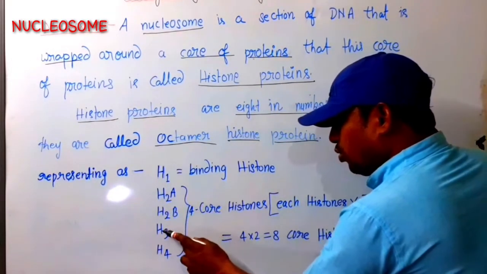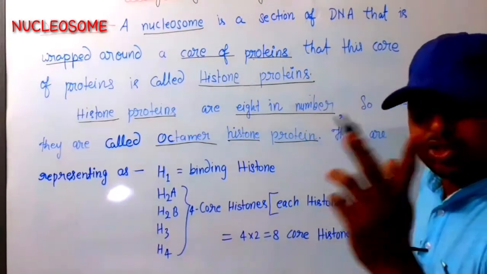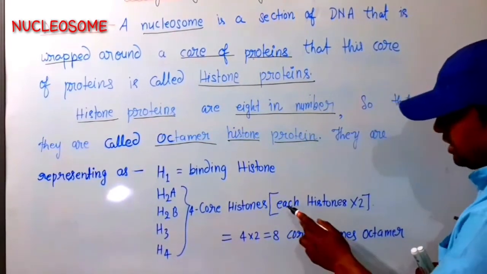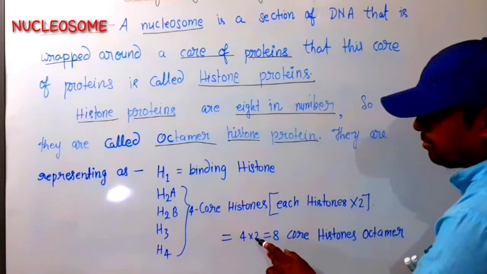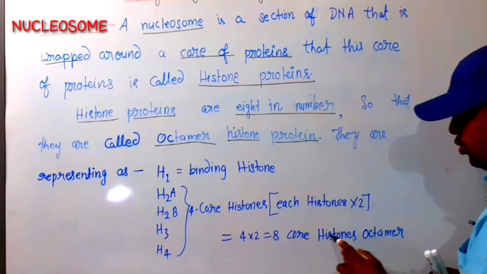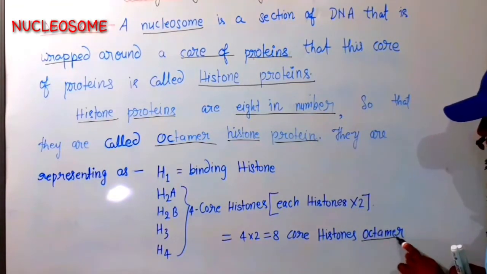Each core histone has 2 units, which means 4 multiplied by 2 is equal to 8 core histone proteins, therefore called octamer.